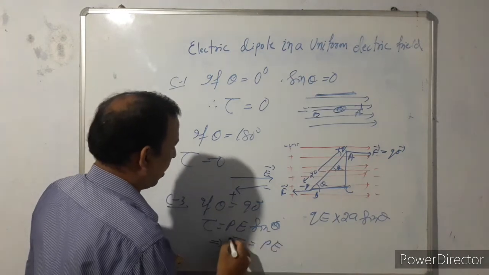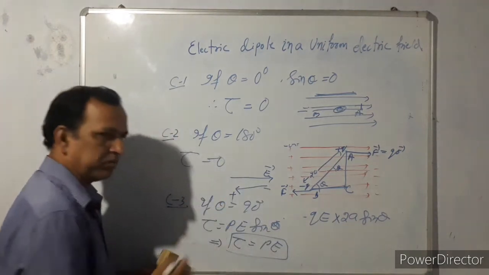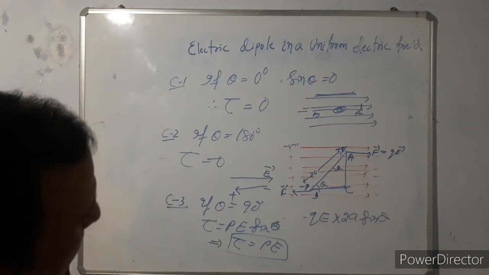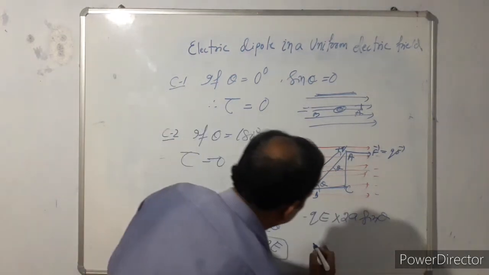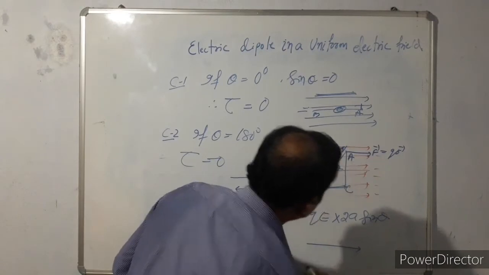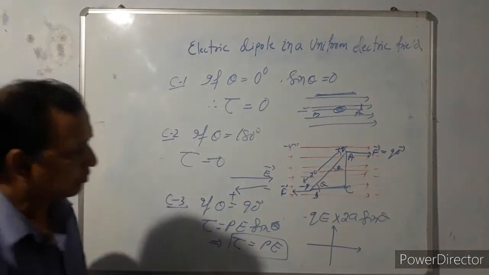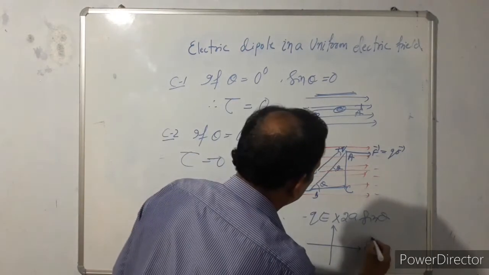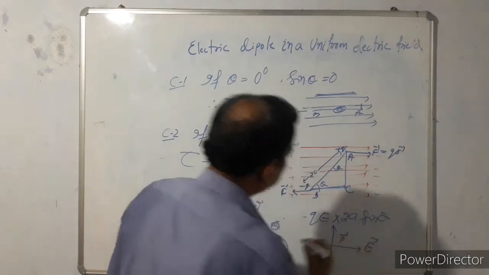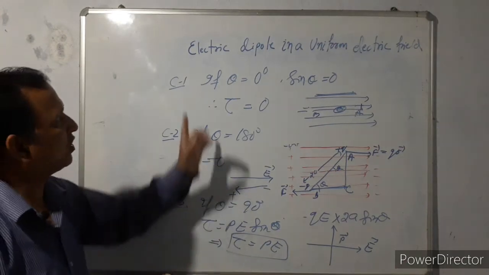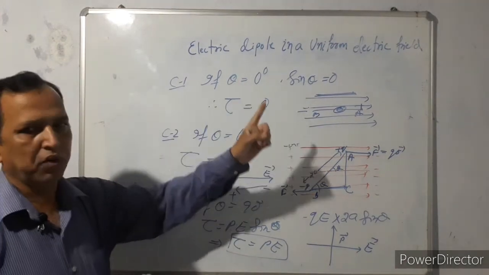So it is P E, and that is maximum. This is E, this is P. These are all about the electric dipole in a uniform electric field.